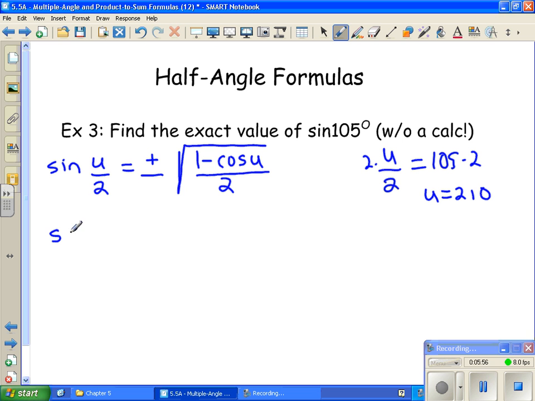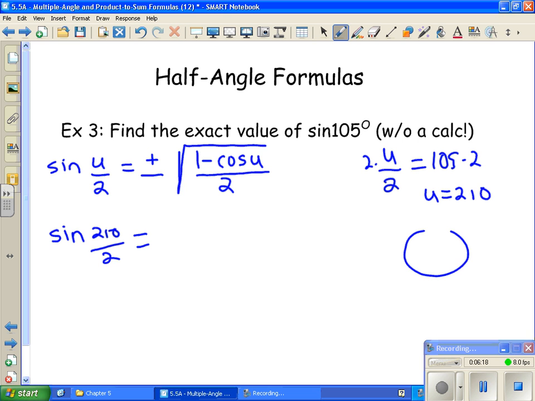Rewriting my expression then, u is 210 divided by 2. That's what I need. You guys see that? I need the sine of 105, which is exactly what I have here. And so let's think about this for a moment.